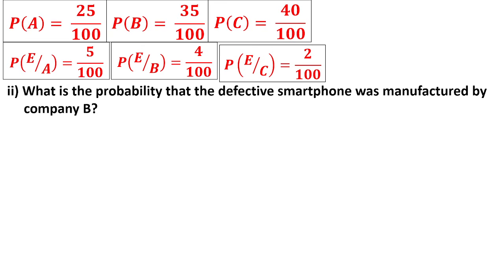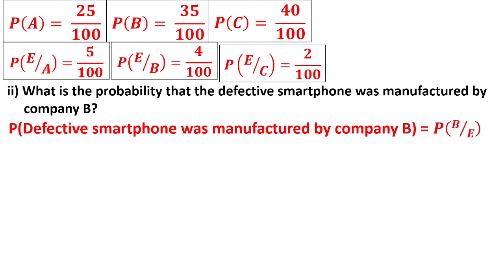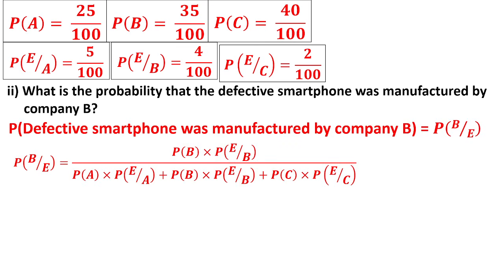Let us go to question number 2. The defective smartphone was manufactured by company B. Manufacturing, therefore it is the first experiment. Therefore, they are asking Bayes theorem. Very simple. B/E, all of you know the formula. The denominator will be the total probability. If it is A/E, the first term will come to the numerator. If it is B/E, the second term will come to the numerator.